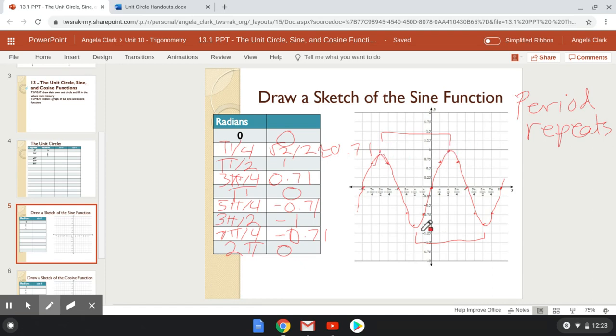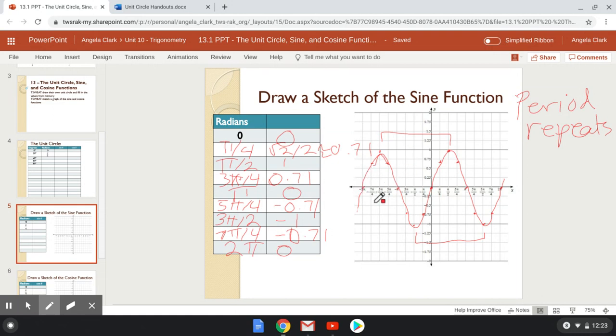So this distance is 2 pi. This distance is 2 pi. From here to here, and it starts over again, you can easily see that that's 2 pi. So that's a period, where it starts to repeat.